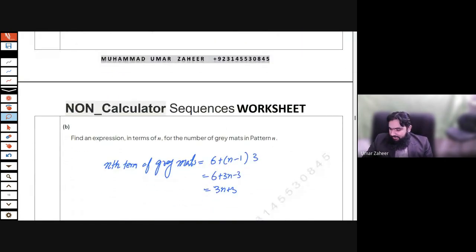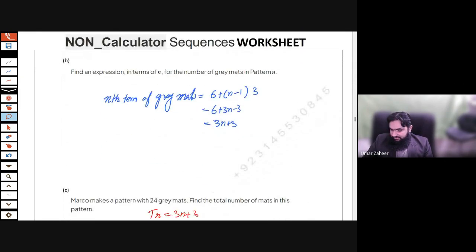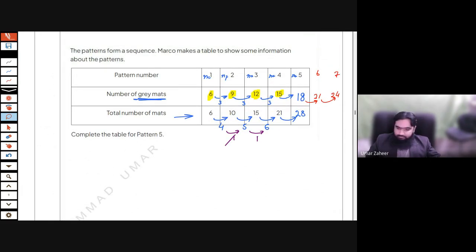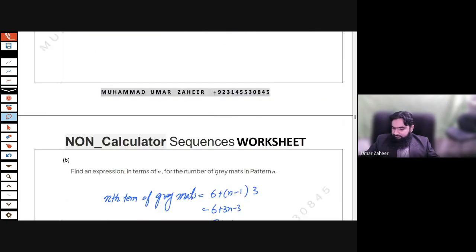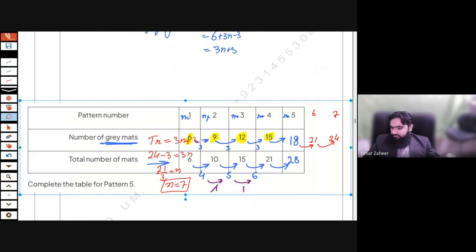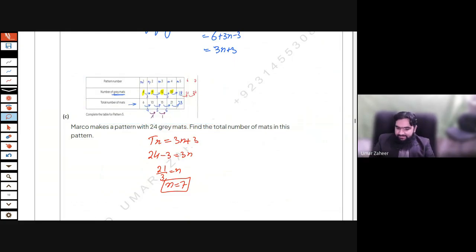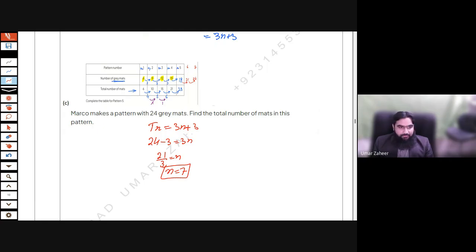Okay, what is the question? We have to take the table down. So one way is to get the nth value.